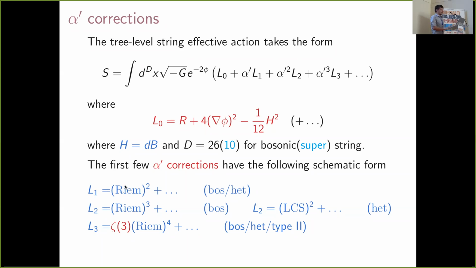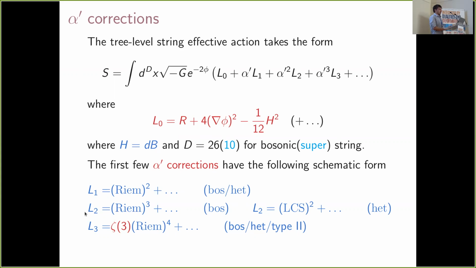So schematically, it's just the Riemann tensor squared. At the second order in alpha prime, again, both the bosonic and the heterotic string have a correction. For the bosonic string, it involves now the Riemann tensor cubed, while for the heterotic string, there's no Riemann tensor cubed, but there's some Lorentz-Chern-Simons term cubed instead. Okay, the precise form will not be very important.